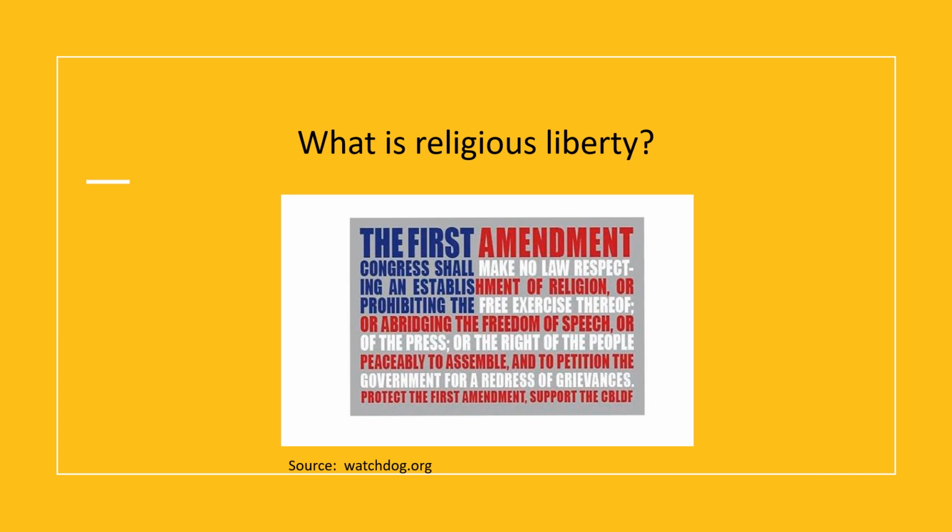Now, notice that there are 5 freedoms in the First Amendment and an additional protection, protecting us from Congress, the national legislature, in terms of how it uses its power. But notice also that of these 5 freedoms plus the one protection, so 6 total, the first 2 have to do with religious liberty.